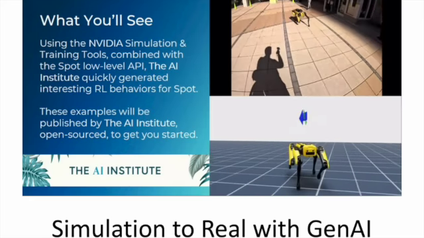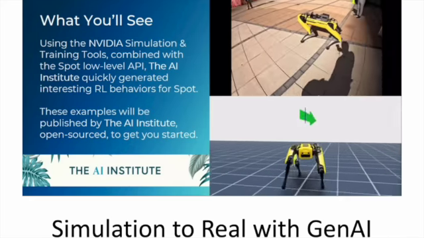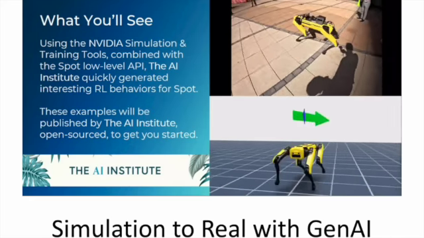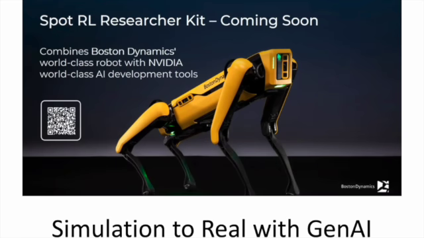This video here is a pixels-to-motion, from-scratch behavior that the Institute generated very quickly using this researcher kit. After we release this out to the world, the Institute is going to provide some of this as open source examples to get you started. And hopefully between our three organizations, we'll give the research community something that will help fuel a lot of exciting things going forward. So I'm going to leave you there.